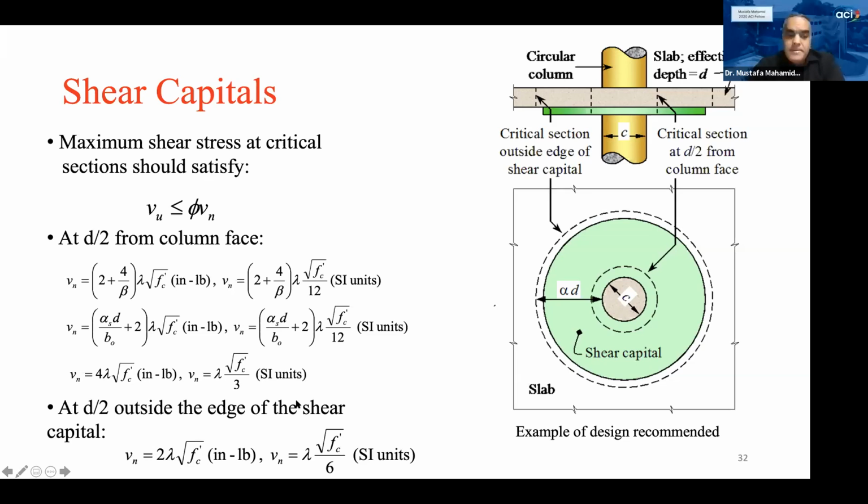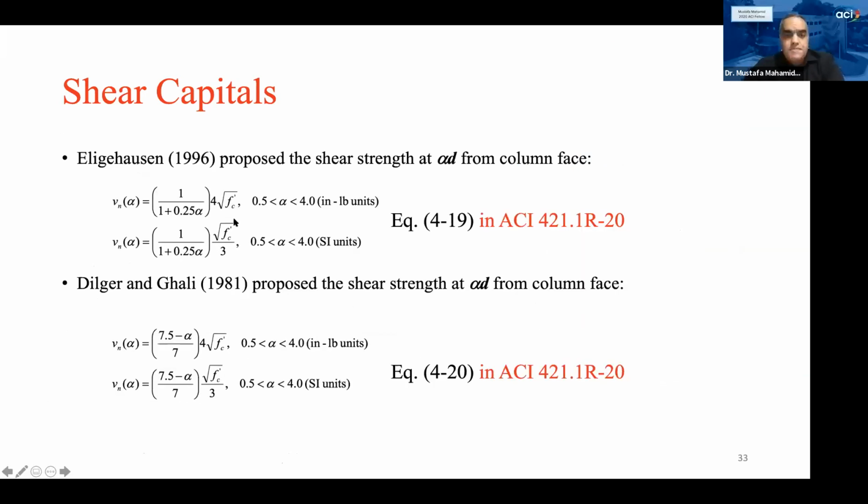Now in ACI 421.1R 2020, and also in previous versions, there are two methods for calculating the shear strength that were developed by a couple of researchers. They are related to alpha and f prime c, the strength of the concrete. These are empirical relationships based on tests, and the equations are summarized here.